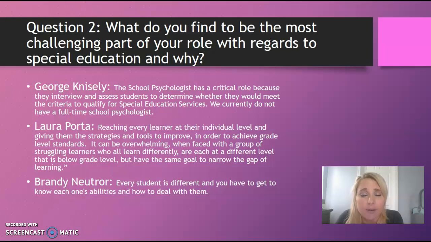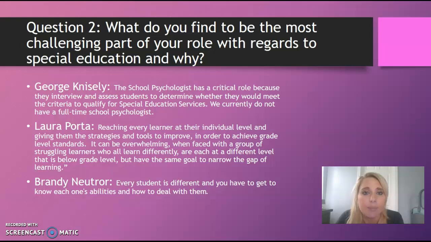And I find that to be very true. That's something that the principal wouldn't necessarily find to be the most critical role. I mean, without a school psychologist, it is next to impossible to get that IEP started for that student.